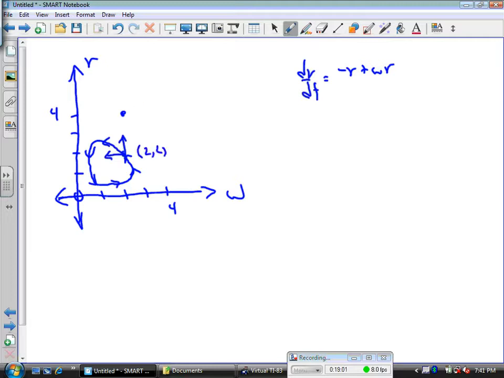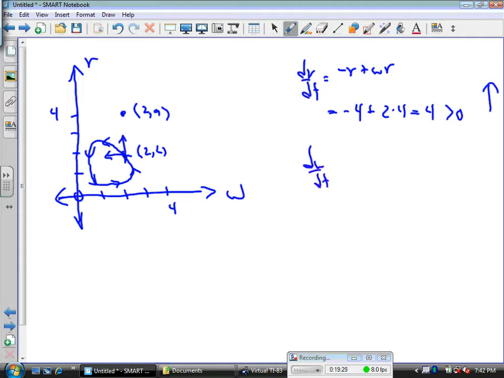This initial condition here was 2,2. This point is 2,4. So plug that in. What do you get? Negative 4 plus 2 times 4 is negative 4 plus 8, which is 4, still positive. So we're still going up.